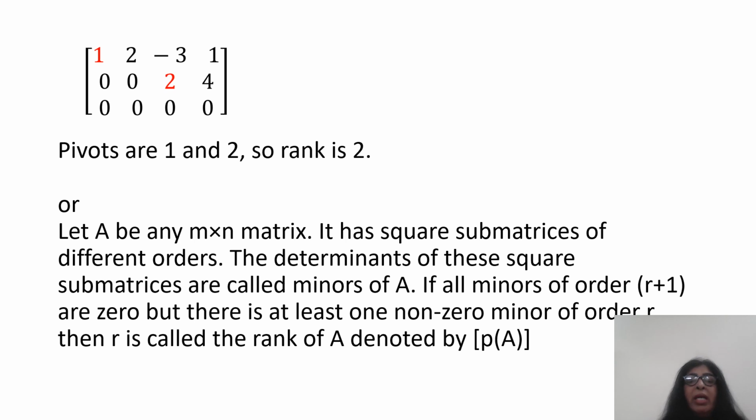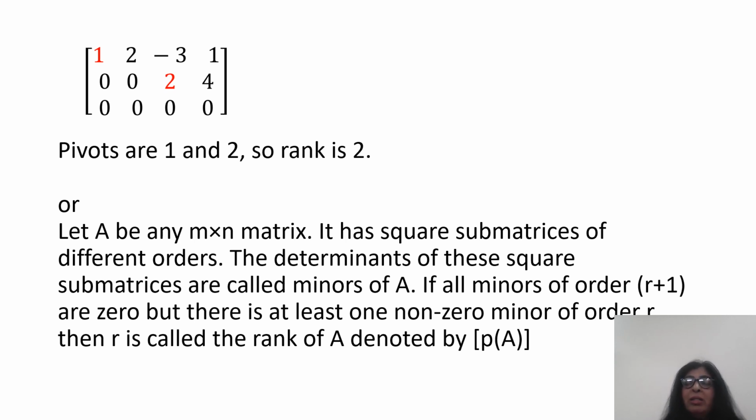The determinant of these square submatrices are called minors of A. Whatever square submatrices are there, we take their determinant, and that determinant is said to be a minor of A. Now if all minors of order r plus 1 are 0, but there is at least one non-zero minor of order r, then r is called the rank of A and denoted by rho A.